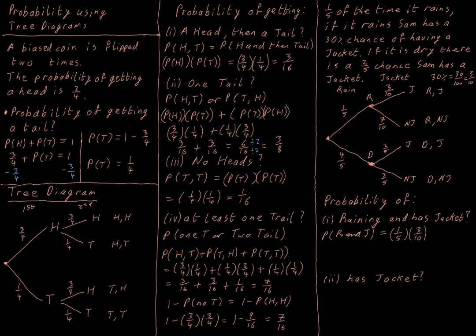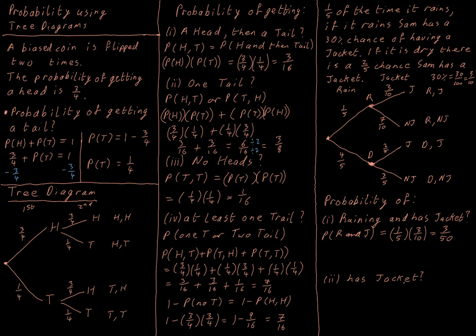So we want raining and jacket to happen together. So when we multiply our two fractions, we get 3/50. So 3/50 of the time, I should say, it is both raining and Sam has a jacket.